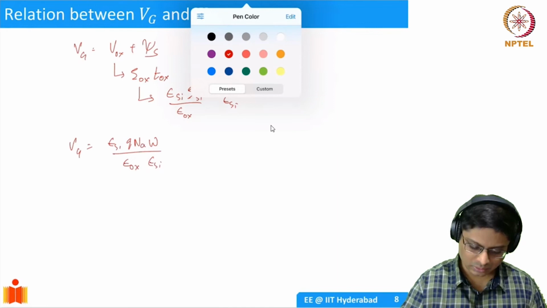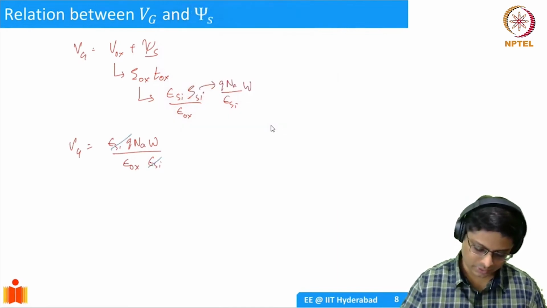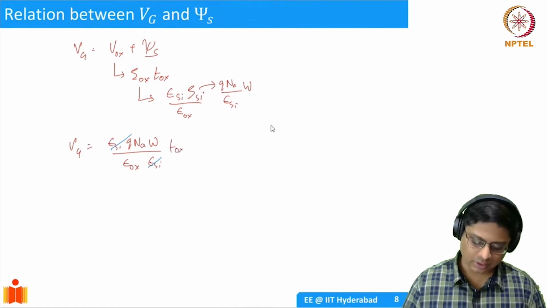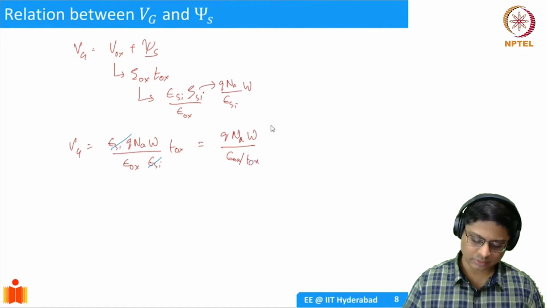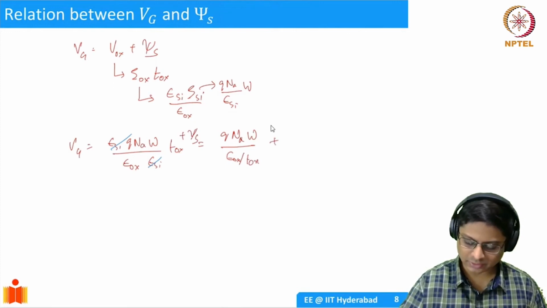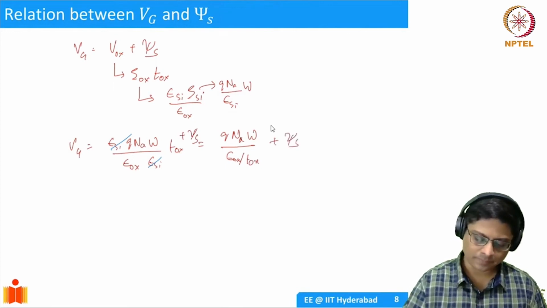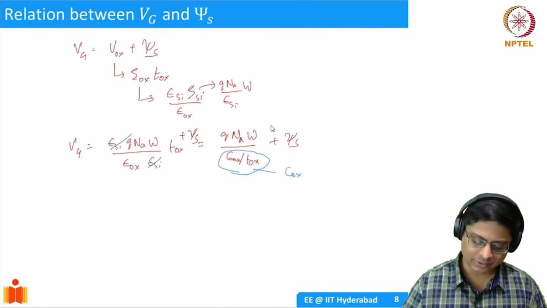So epsilon silicon will go. Oh, there's a T ox as well. There's a T ox we forgot. So this is basically going to be qNA W by epsilon ox divided by T ox. Okay. Of course, plus psi s is always there. Plus psi s.